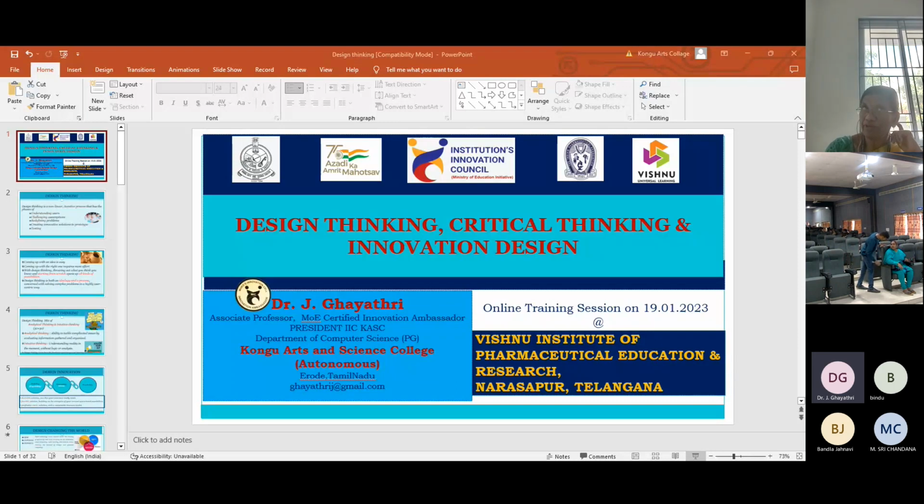Here, this is a very important diagram, we can say, because we need more innovators. So what is the stage of the innovator? When we consider this diagram, the growth zone is here, the comfort zone is here.